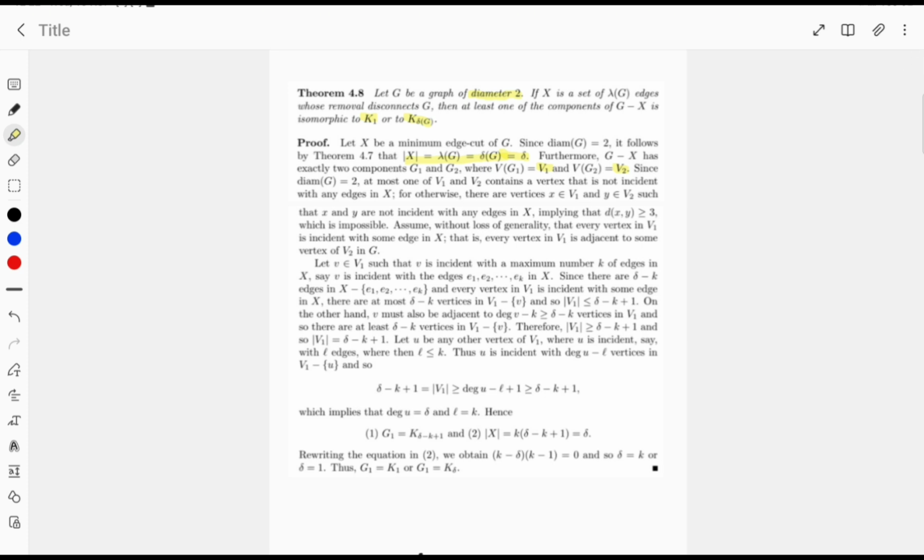Since at most one of V1 and V2 contains a vertex that is not incident with any edges in X. For otherwise, there are vertices x in V1 and y in V2, such that x and y are not incident with any edges in X, implying that the distance of x to y is greater than 2, which is impossible, a contradiction, because here in our theorem the diameter is 2, so that's just distance 2.